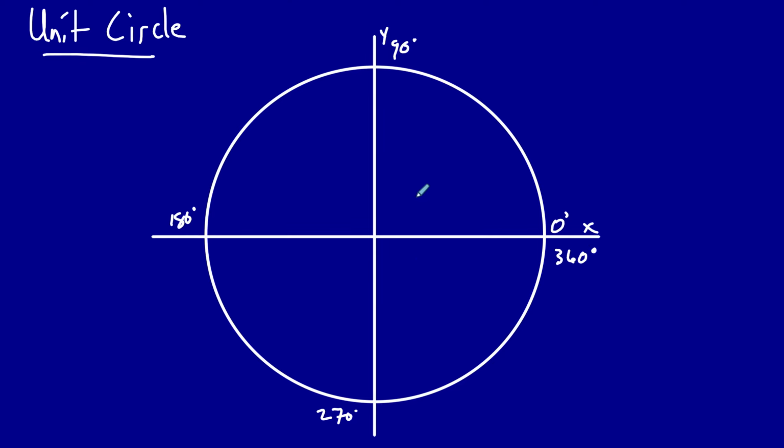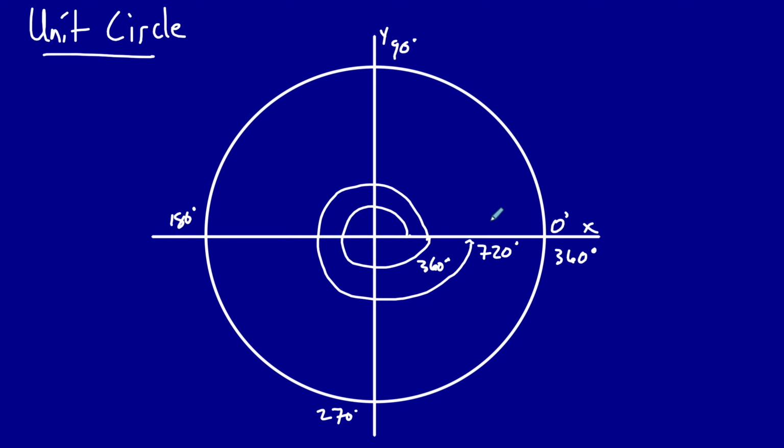The next thing is that this is continuous. So if I were to go all the way around this circle once, that would be a 360-degree angle. I could also go all the way around this circle twice. That would be a 720-degree angle.